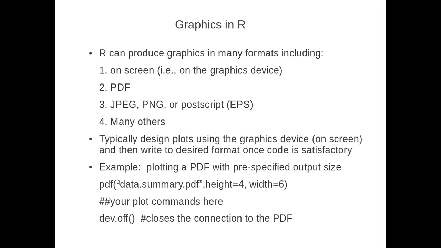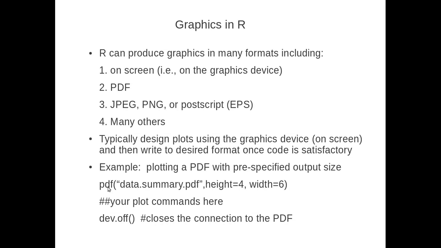Just a heads up to some of you, on Ubuntu with RStudio, I have had some problems getting the PDF function to work. So this is how in your script, before you call, say, plot or whatever plotting function you're using, you would type PDF. This is a function that has an argument, which is the name of the output file, and some dimensions.